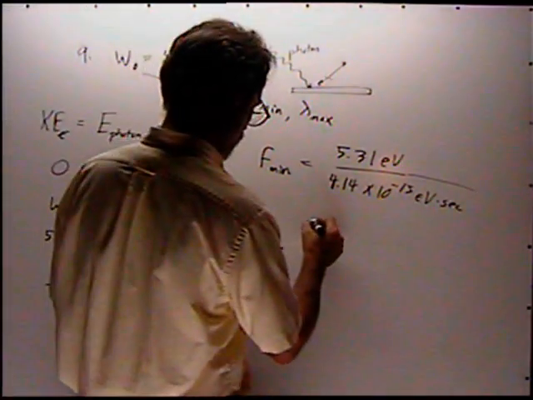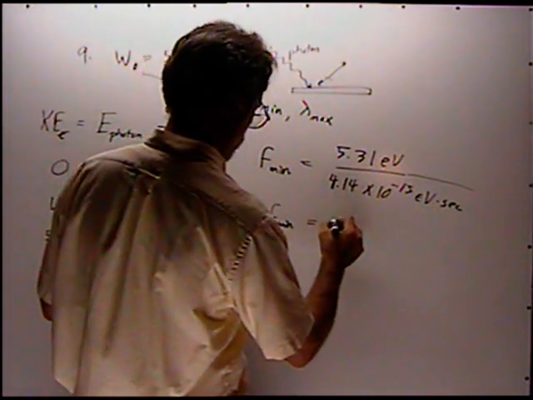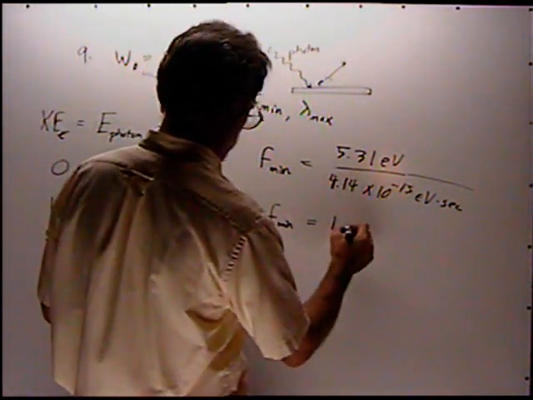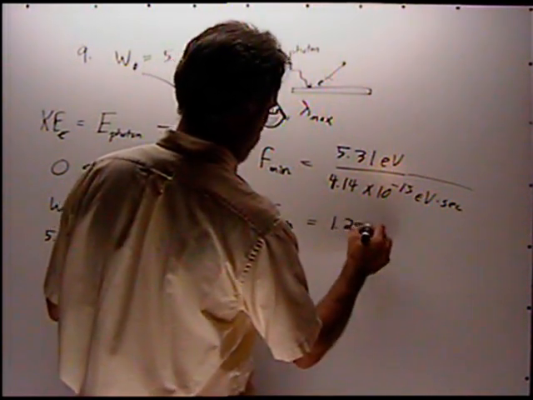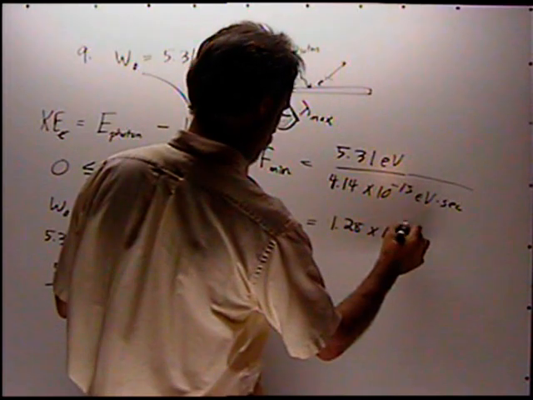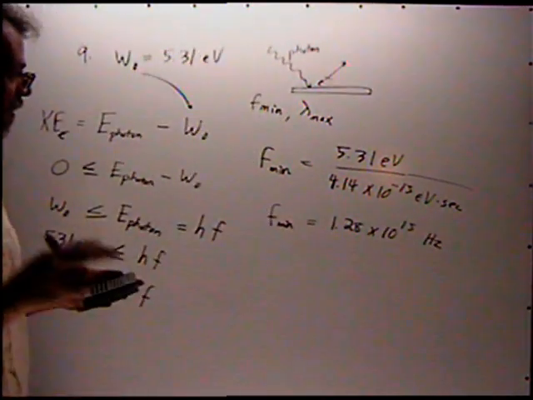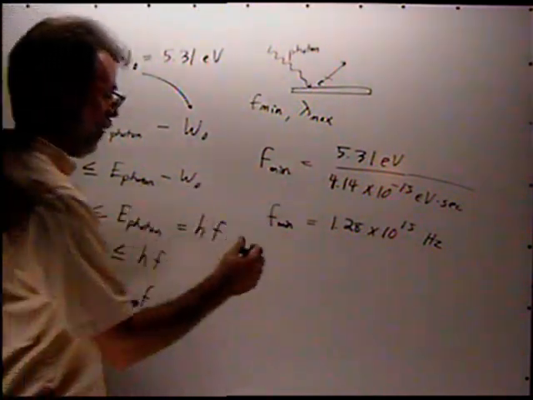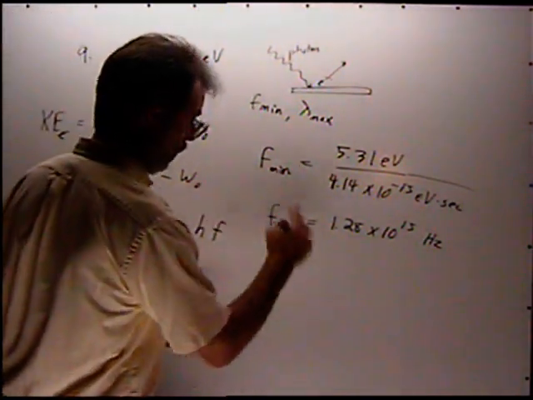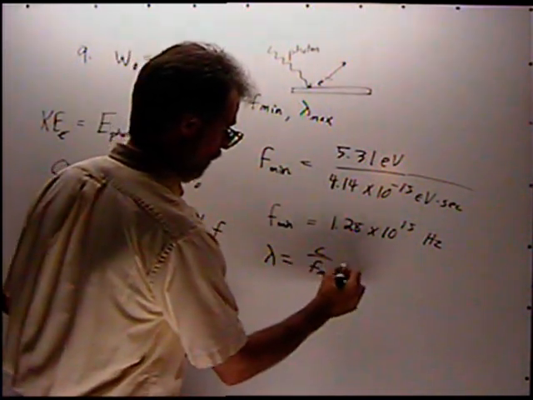And let's see, I get that the minimum frequency is 1.28 times 10 to the 15 hertz, rounded off to three significant figures. The wavelength that corresponds to that would be the speed of light divided by this.